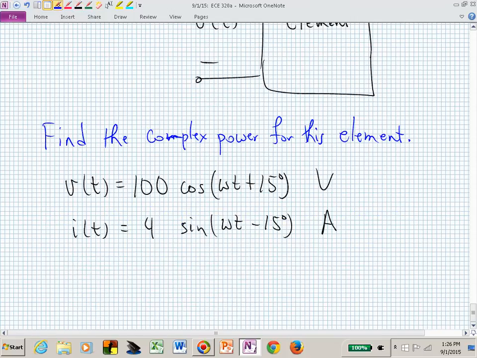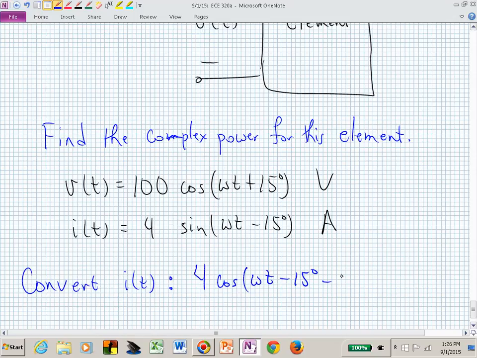If we do that, whoops, let me just say that that's, I'll do the hard part. Now what? Minus 90 degrees, right?